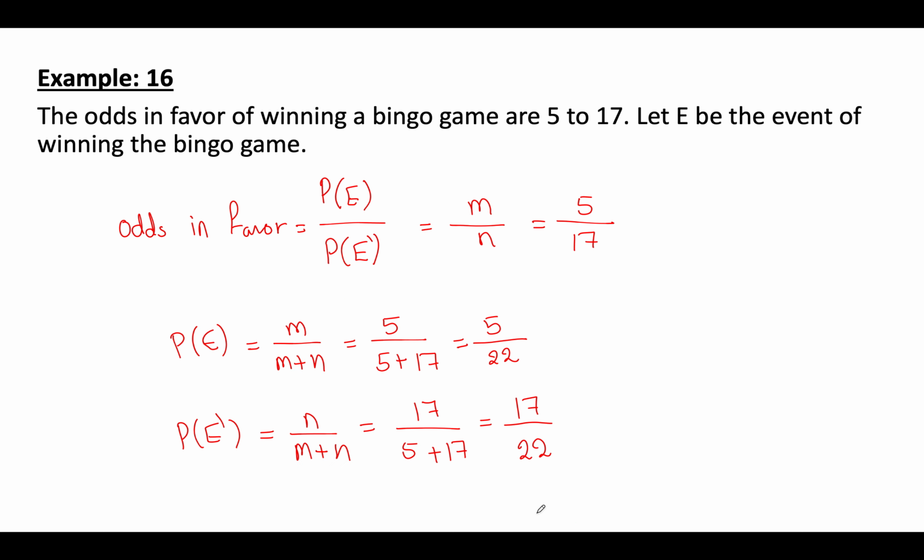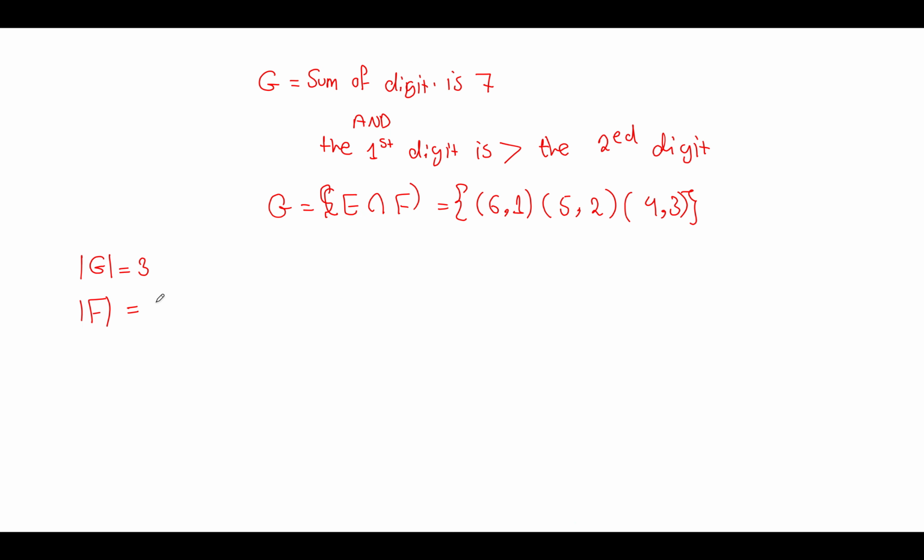So the number of elements of F is 15, and we already have that S is equal to 36.